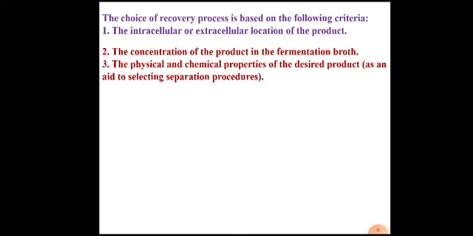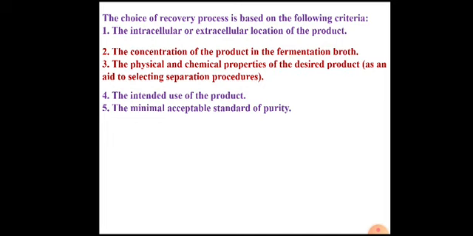So this is related to the sensitivity of the recovery methods. If the concentration is very less, then very sophisticated and sensitive techniques have to be used for the recovery. Third one is the physical and chemical properties of the desirable product. So these things are also important. So this will help to decide a separation procedure.